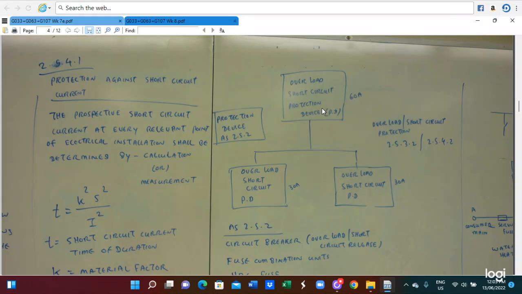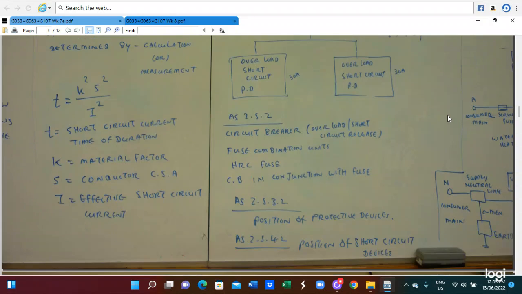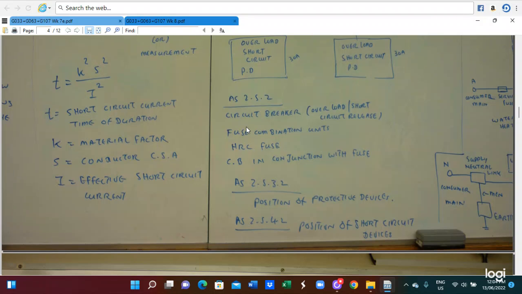Devices are constructed for this protection, and we must follow clause 2.5.2. The overload current devices and the overload short circuit protection devices have to be arranged accordingly. The overload and short circuit protection must follow the AS 3000 standard, clauses 2.5.3.2 and 2.5.4.2. Clause 2.5.2 covers the circuit breaker, where overload and short circuits are released.